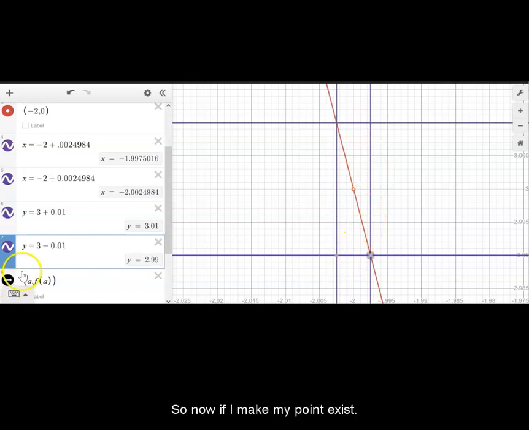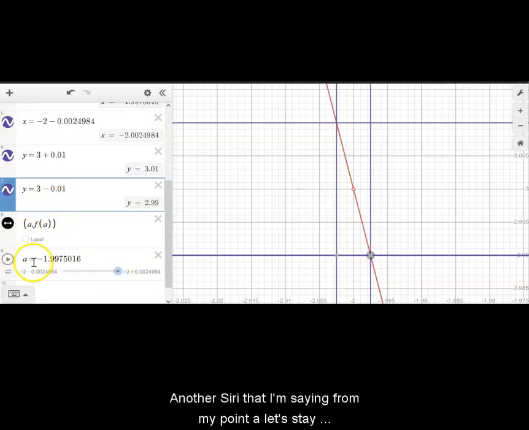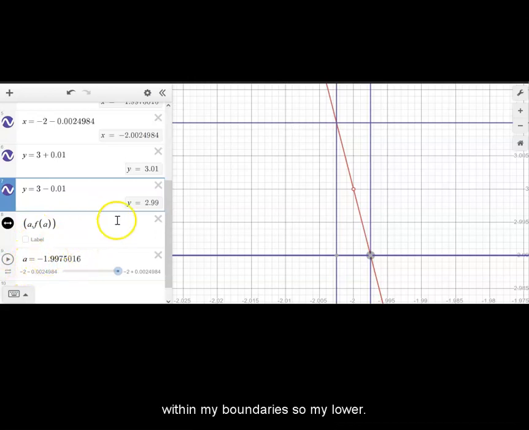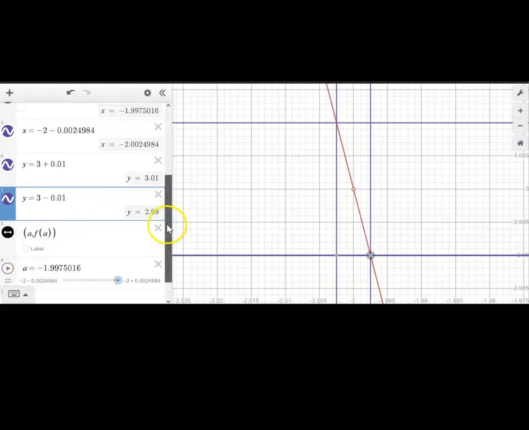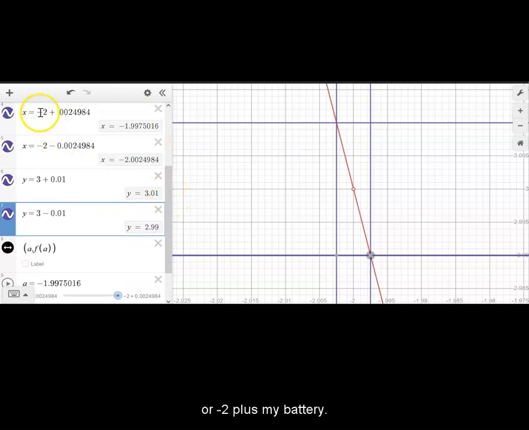Now if I make my point exist, I don't have to label it. Notice here that I'm saying for my point A, let's stay within my boundaries. So my lower bound is -2 plus my delta. That's why you see -1.9975016 is the same thing here for -2 plus my boundary.